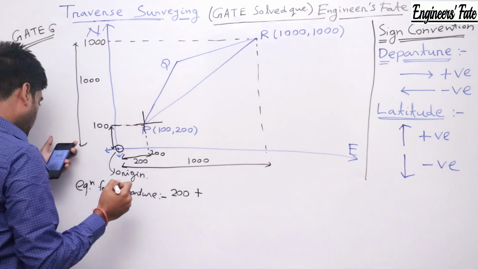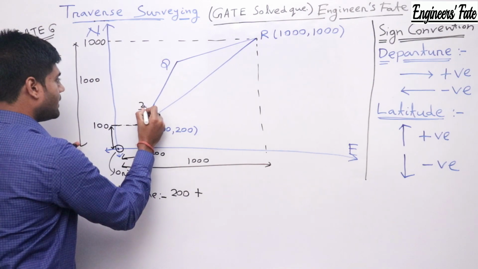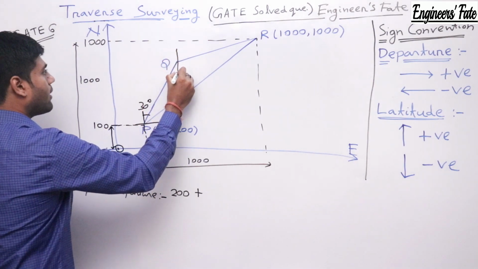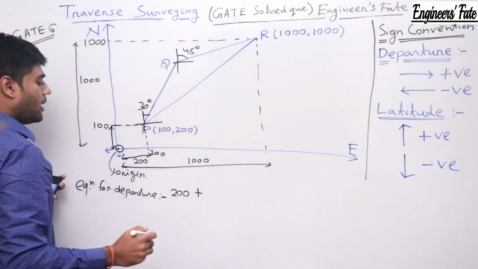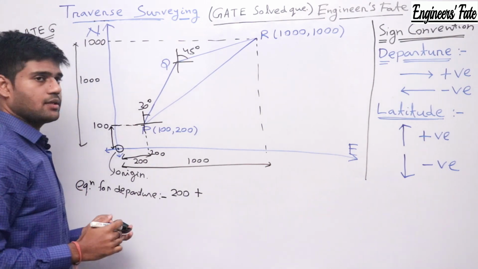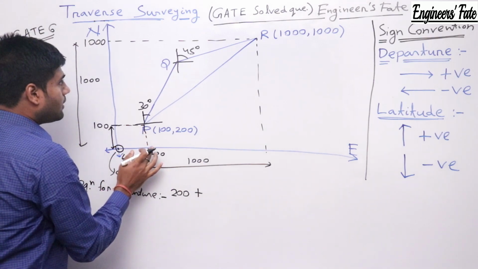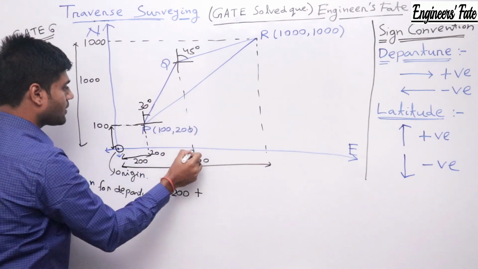the value of bearing for PQ is given as 30 degree and for QR is given as 45 degree. Okay, so I am writing the equation for departure, means 200 distance is covered and what will be this much distance?